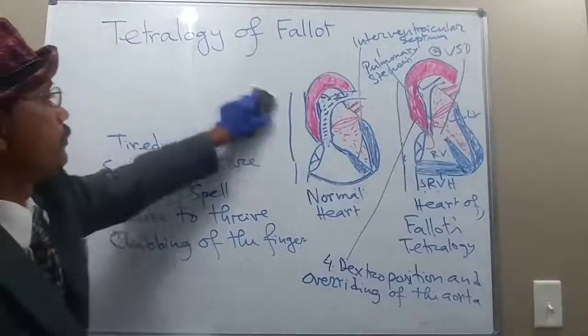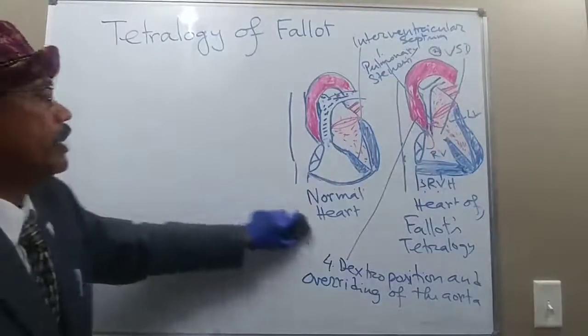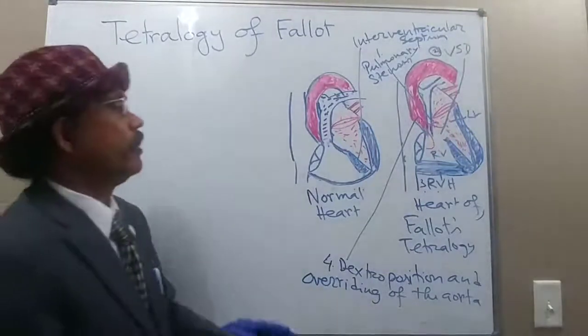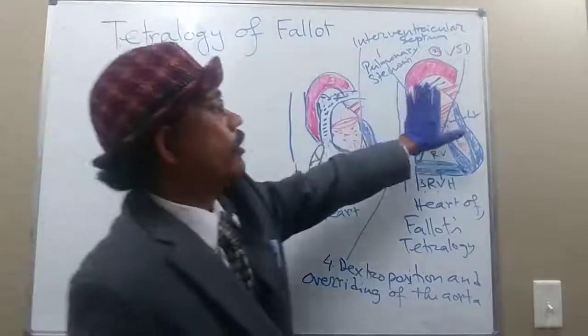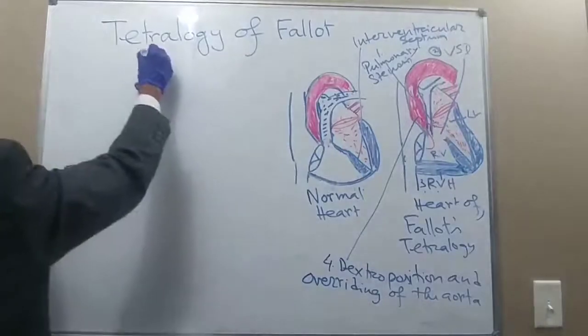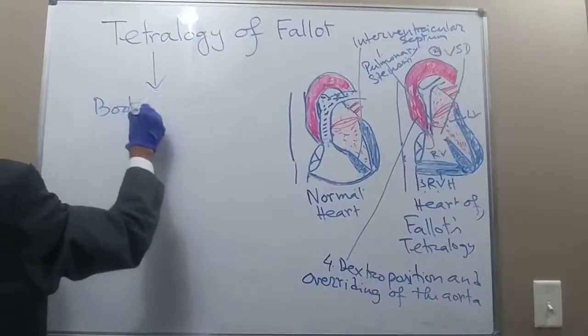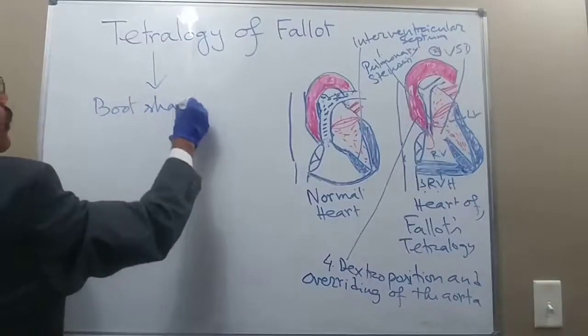Okay, now, what is the embryology behind it? Why did this happen? Why is it not normal? It looks like a boot-shaped heart. Why boot-shaped heart?